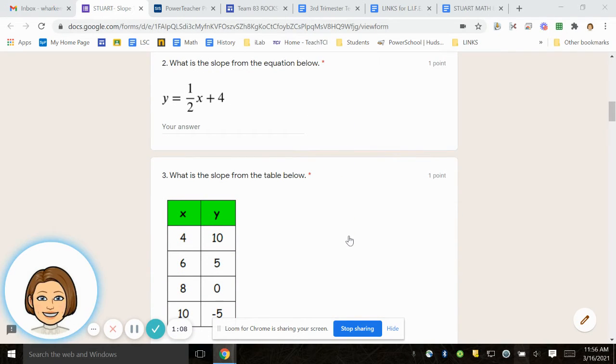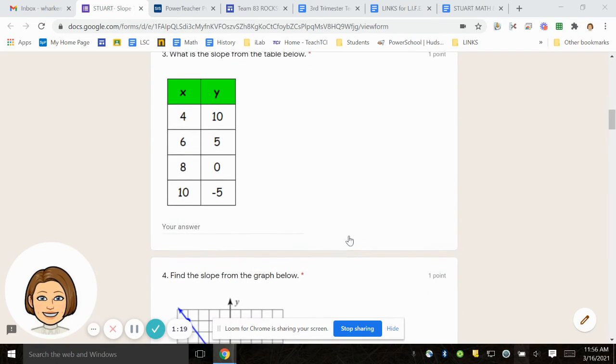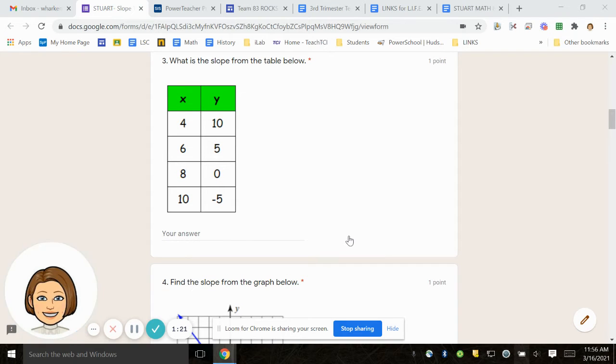Number 2, what is the slope from the equation below? y equals 1/2 x plus 4. Number 3, what is the slope from the table below?